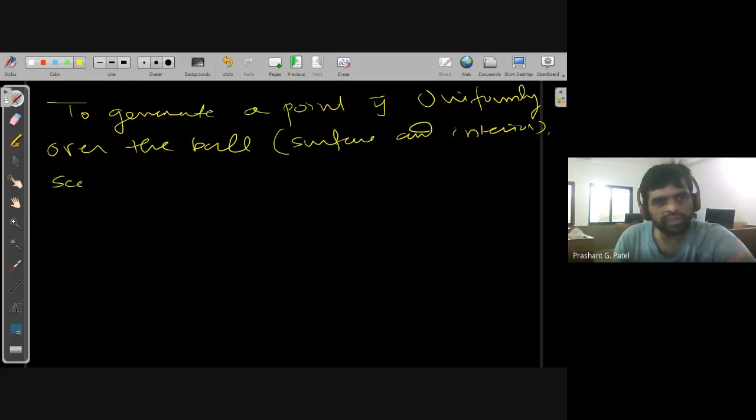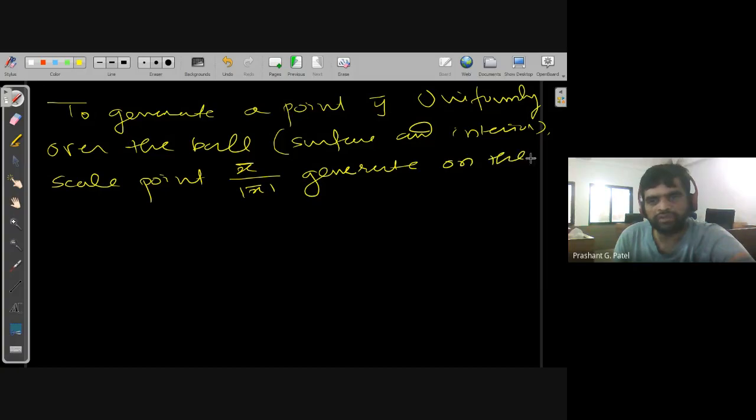First, what you have to do is scale the point x upon mod of x bar, generated on the surface, by a scalar rho belonging to 0 to 1.